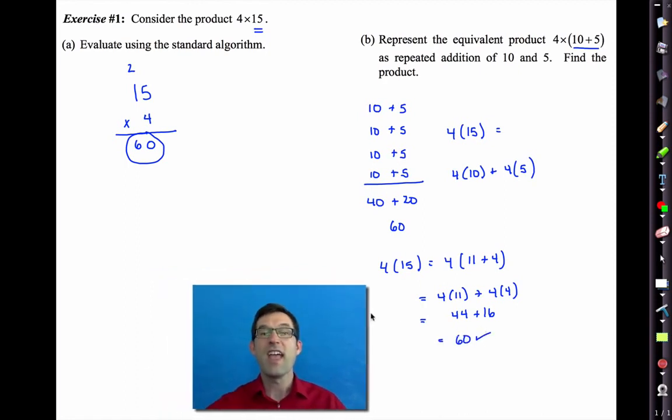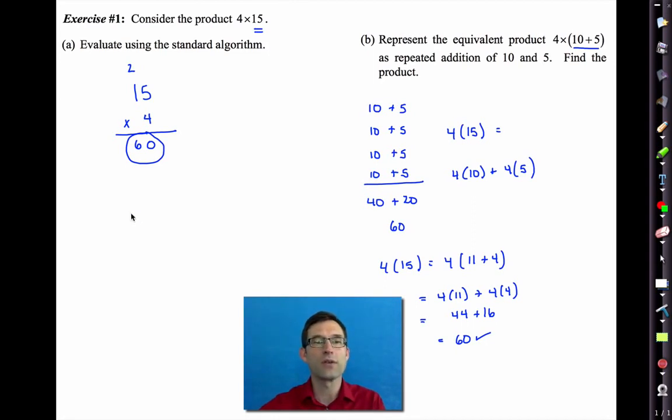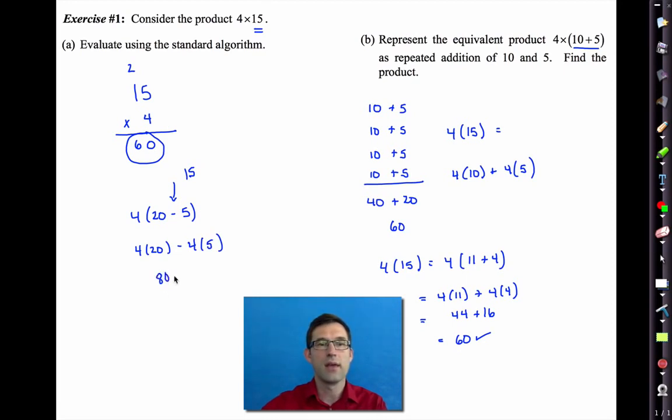All right? It even works with subtraction. Watch this. Let's say I did 4 times 20 minus 5, right? That's the same as 15. So 4 times 20 minus 4 times 5 would give me 80 minus 20, and that would also give me 60.